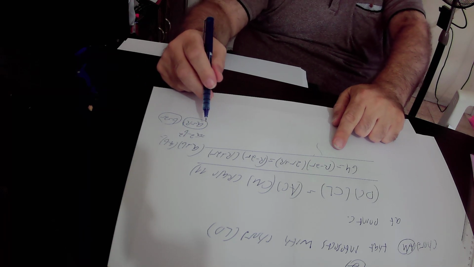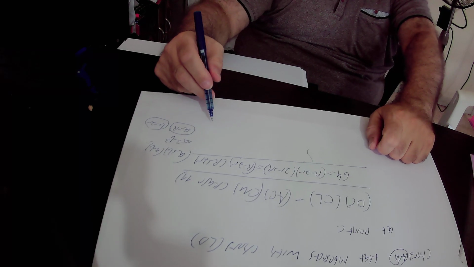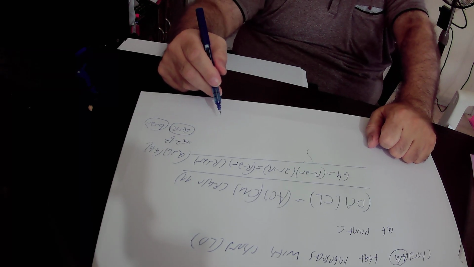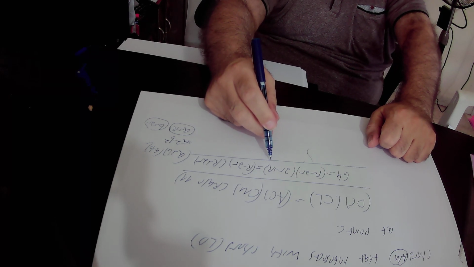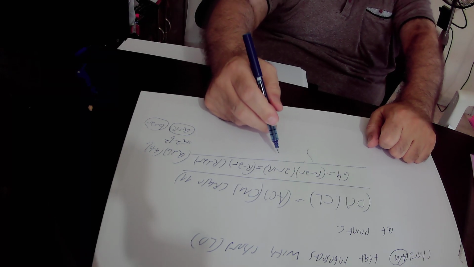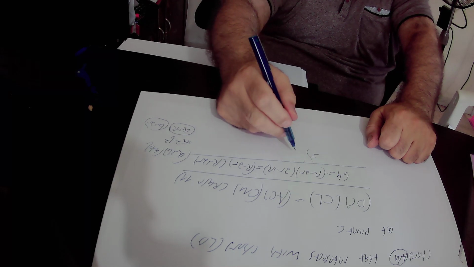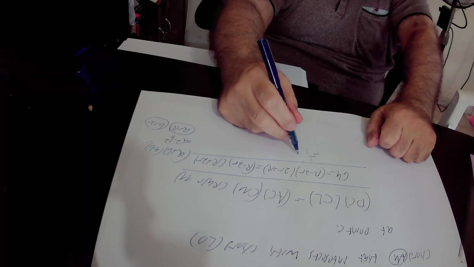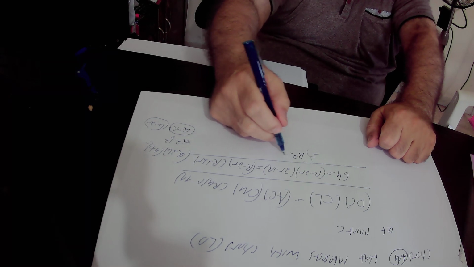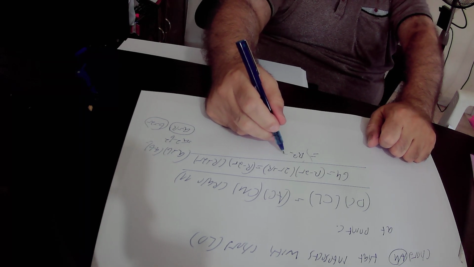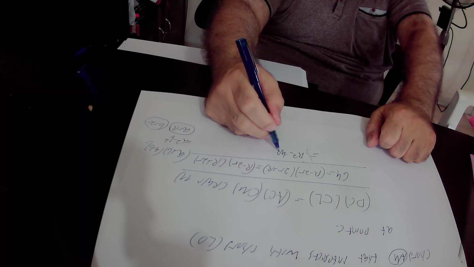So R minus 2R times R plus 2R equals capital R squared minus 2R squared. 2R squared is 4R squared.